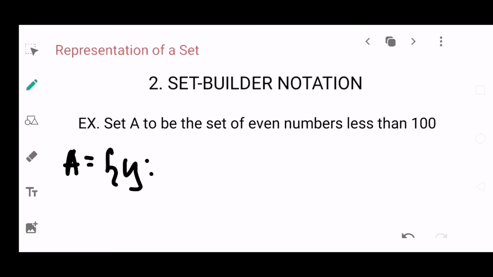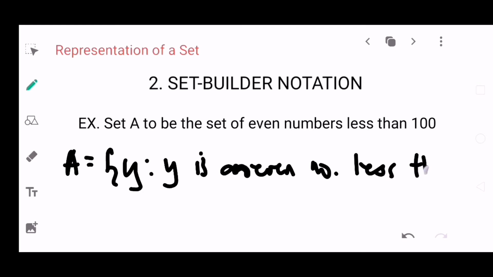So we'll have y such that y is an even number less than 100. By our definition of y, all those even numbers less than 100 will fall under this set A. So that is how we do set builder notation.